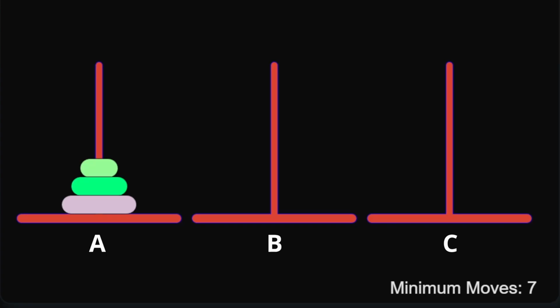Then we can solve this puzzle. First, remember the three rules, right? We can move these two smallest discs to rod B, using rod C as a helper.